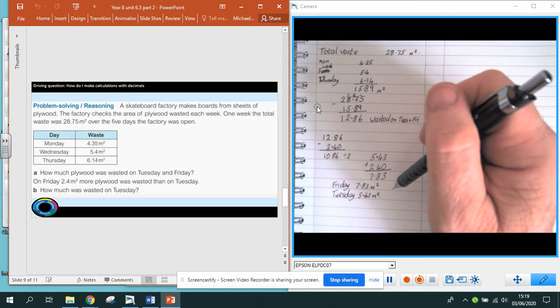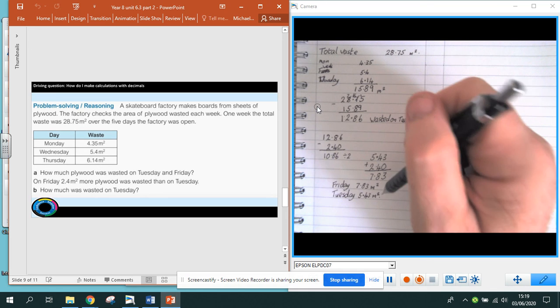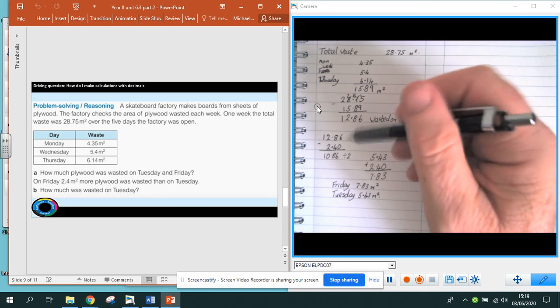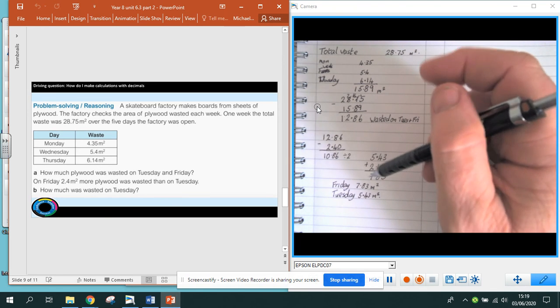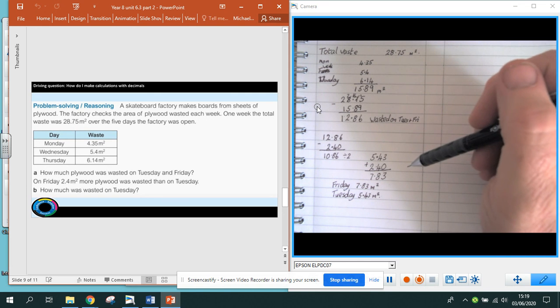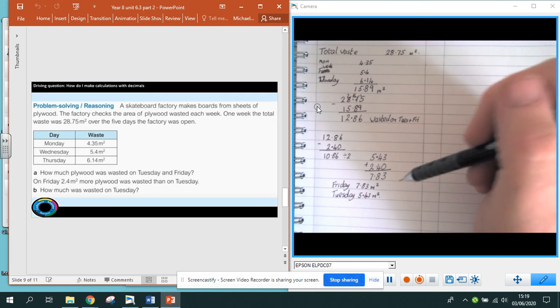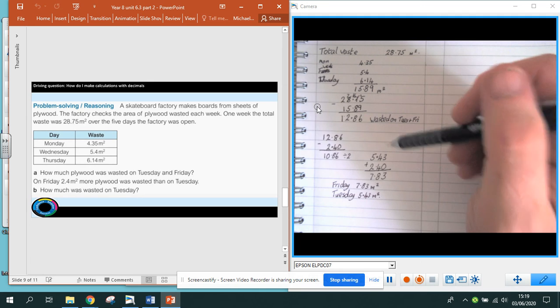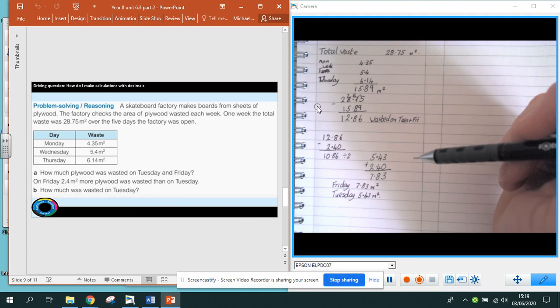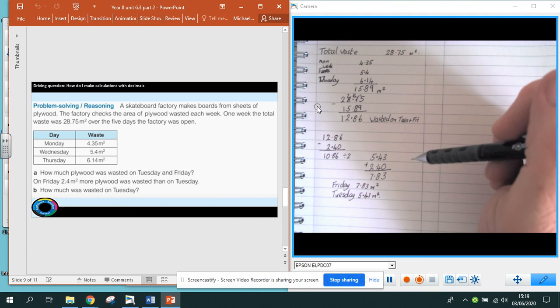That's a technique that you can use for lots and lots of questions like this, so it's really, really important that you understand this bit. This is one of those techniques that will come up time and time again when you're doing calculations, especially when they're written in context. So learn this as a technique, not just as a trick.